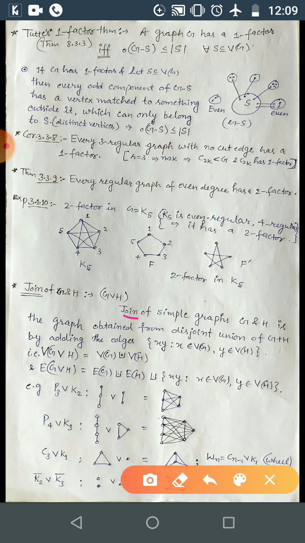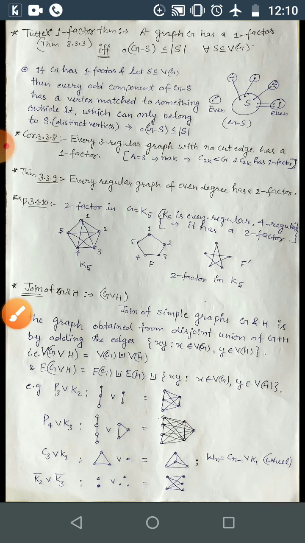The join of two simple graphs G and H is the graph obtained from the disjoint union of G and H by adding the edges xy, where x is a vertex in G and y is a vertex in H. That is, the vertex set is all the vertices of G disjointly united with all the vertices of H. The edge set contains all the edges of G, all the edges of H, and the added edges xy, where x is a vertex from G and y is a vertex from H. Okay, so this is the join of graphs.